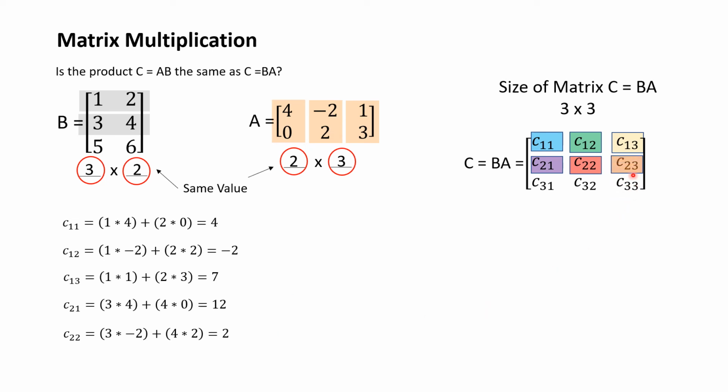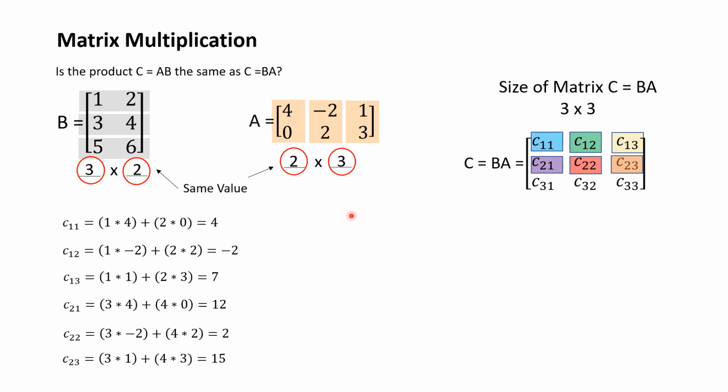And to determine coefficient C23, we take the dot product of the second row in matrix B with the third column in matrix A to give us a value of 15.